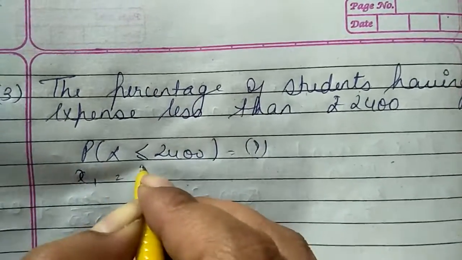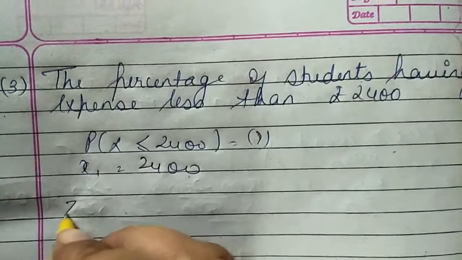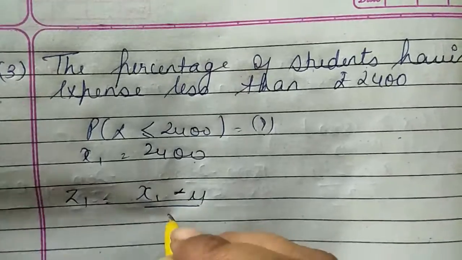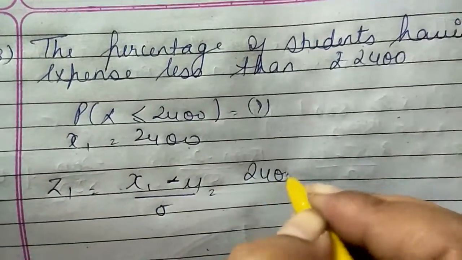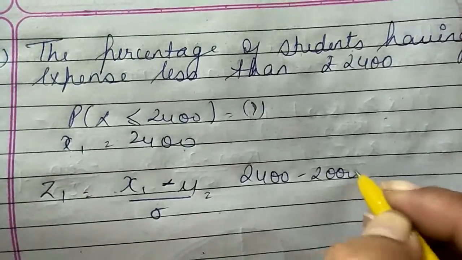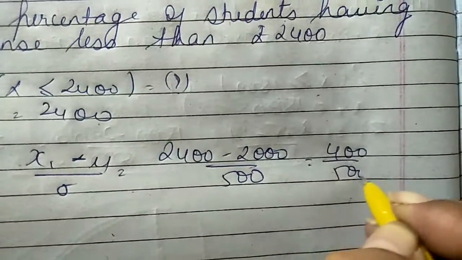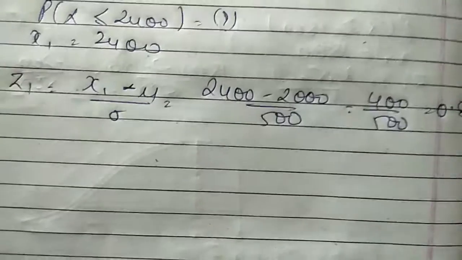So for x1 = 2400, z1 = (x1 − μ)/σ, that is (2400 − 2000)/500, that is 400/500. The answer comes to 0.8.